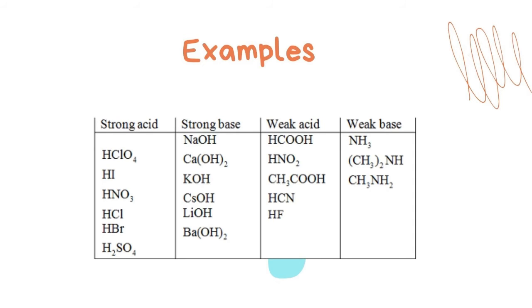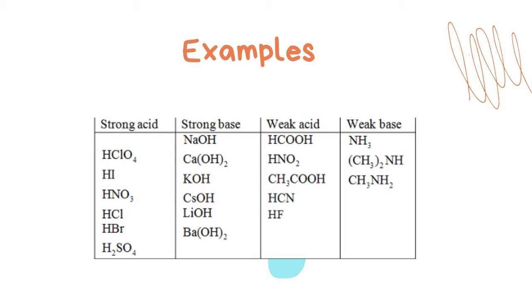Examples of strong acids are perchloric acid, hydrochloric acid, hydroiodic acid, nitric acid, hydrobromic acid, and sulfuric acid.